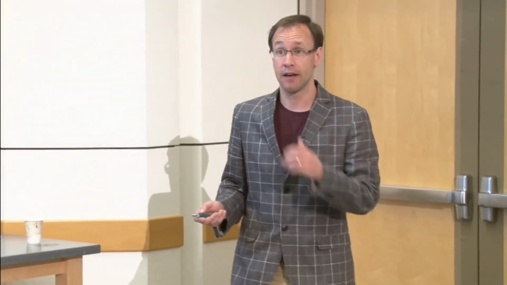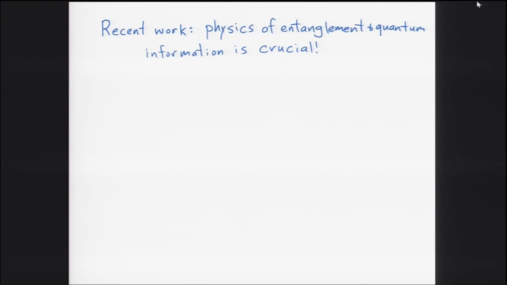So the really exciting thing, I'll give some of the history of this, I think maybe started in 2001 and certainly in 2005, 2006, so certainly before I was interested in the subject.